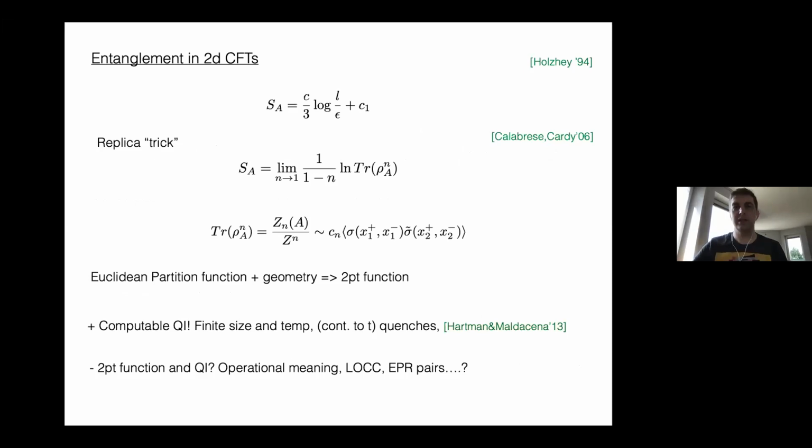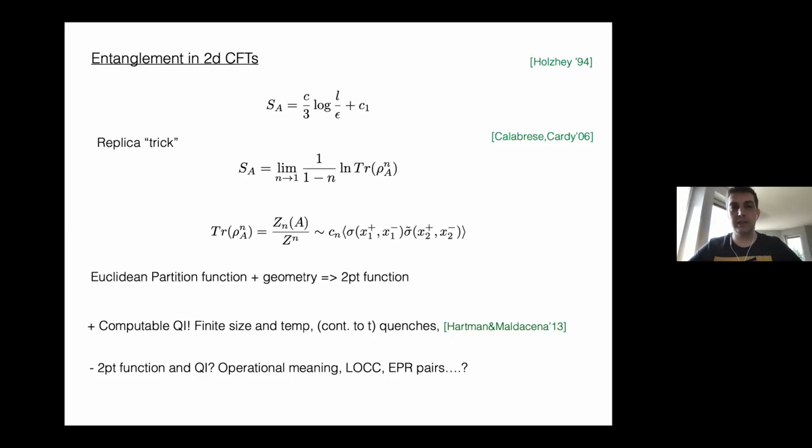Okay, great. Before I proceed with the story of complexity in CFTs, let me remind you of the story of entanglement in CFT, which shares some features with the program that we are trying to follow now. Entanglement entropy in two-dimensional conformal field theories, at least for the vacuum and a single subregion A, is very universal.